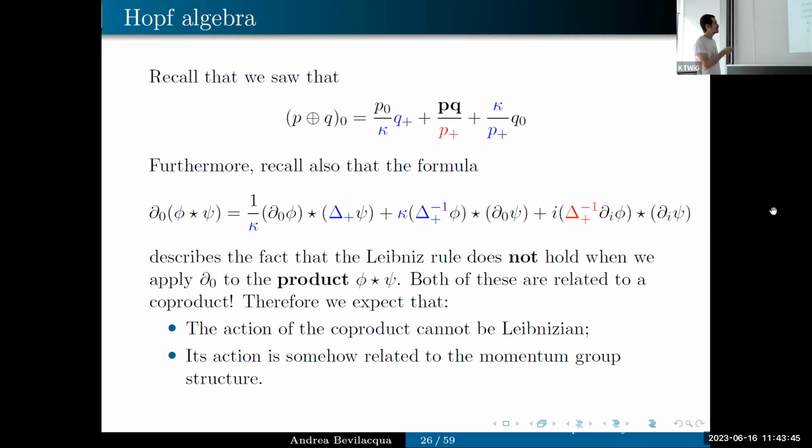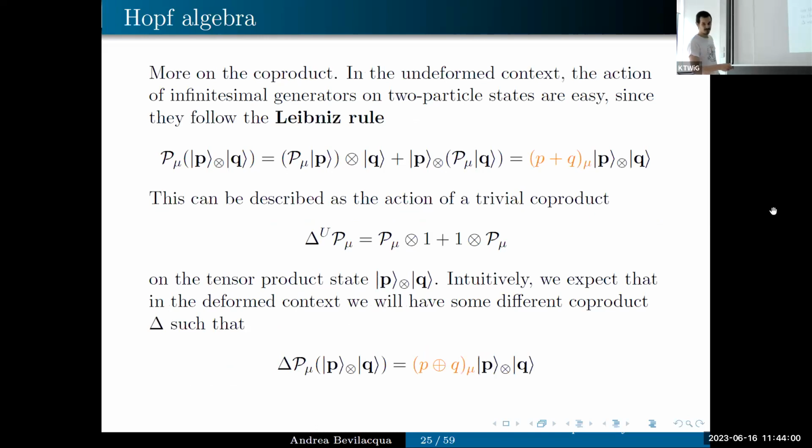So basically this relation, which shows that the action of this operator on this product does not follow the Leibniz rule, is apparently very similar to this deformed sum, which is also related to the coproduct. What does it mean?